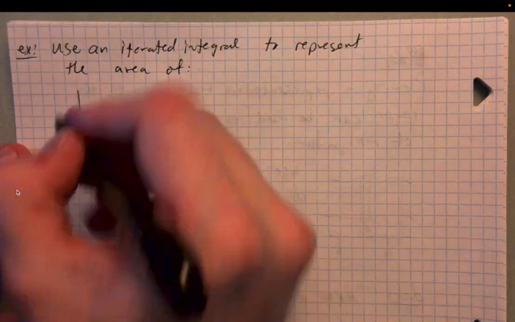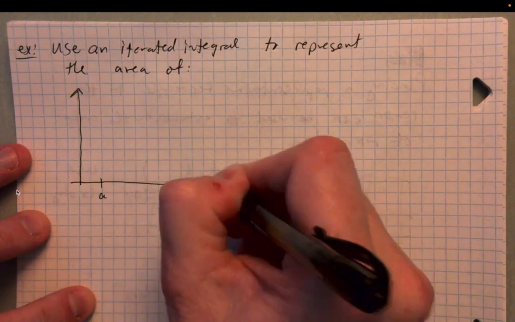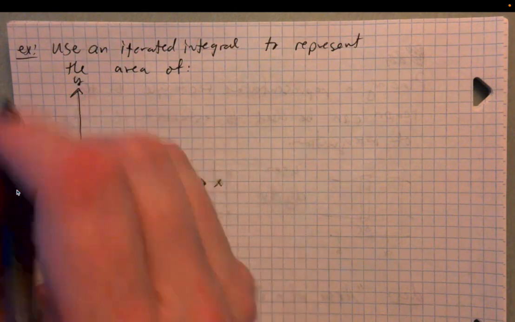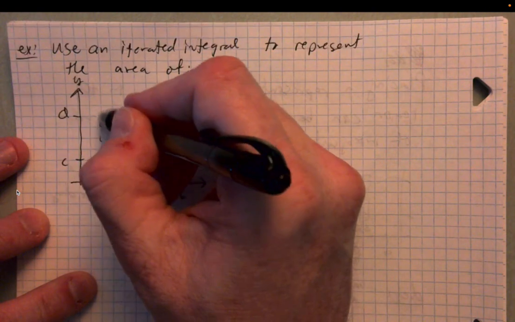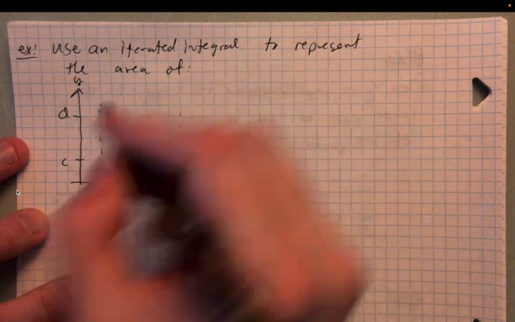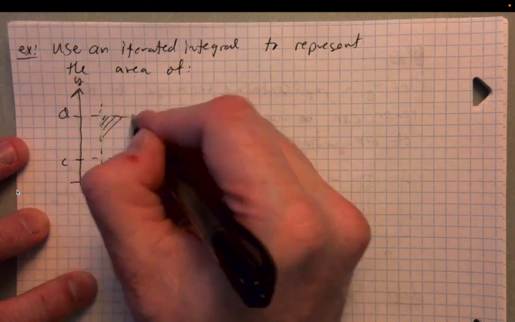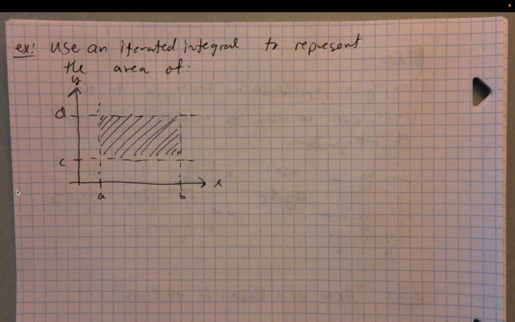So we'll have a to b on the x-axis, and this is the y-axis, and on that axis we'll have c up to d. And what we're interested in is the intersection of all these lines. So we're interested in this part here. We want to write this basic integral as an iterated integral.